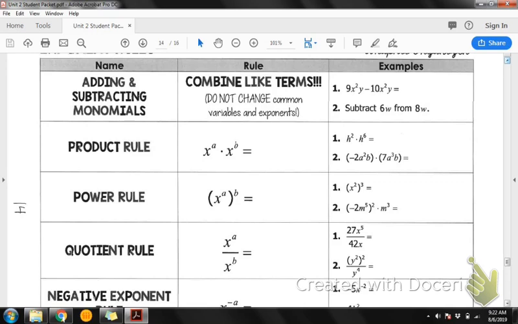Remember, if you can see a base, I would underline this. If you can see a base, then you're going to add your exponents. So we can see a base here, which means I do x to the a plus b. So I'm going to add my exponents here. That's all I want you to write on this page. We're adding our exponents. That's what this rule said.